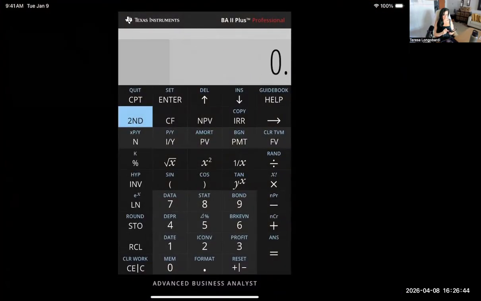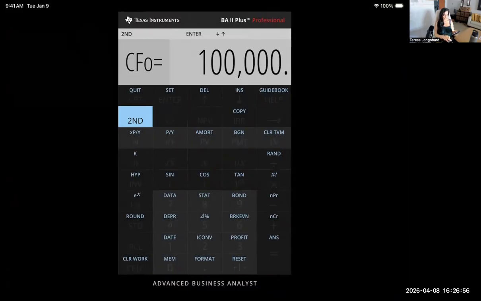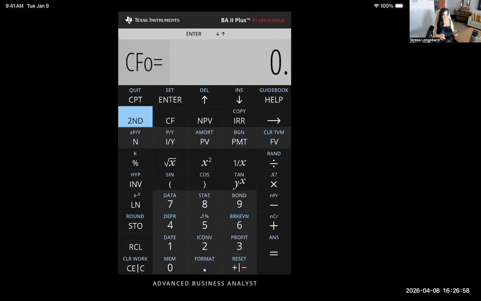So what will I do to get that amount? I'm going to put into the calculator for the CF keys. And then first I'm going to clear the workbook, right? So second clear work. And I'm going to put in here 300,000 negative, enter down. Then I'm going to put 0, enter down with a frequency of 3, enter down.